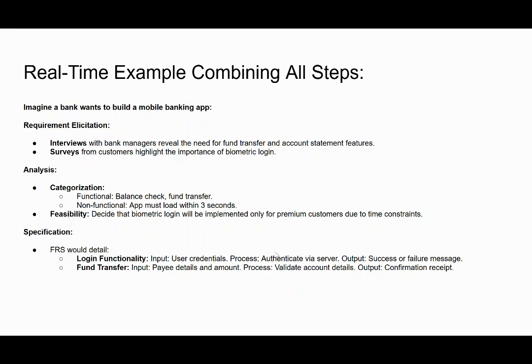So this is about all the steps: requirement elicitation, analysis, and preparing a requirement specification document. In simple words, the software requirement specification is a guide to develop a software product. Clear?